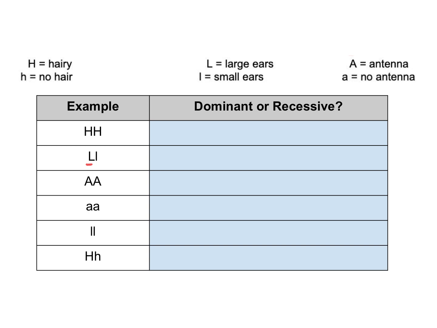So we're going to get some practice here identifying if it is a dominant or recessive trait. The first one here, capital H, would be dominant. Capital L, lowercase l would be dominant, again, because there's at least one capital letter there.